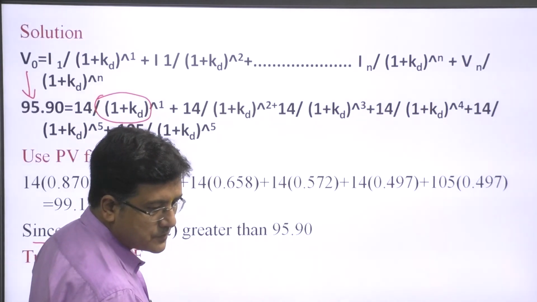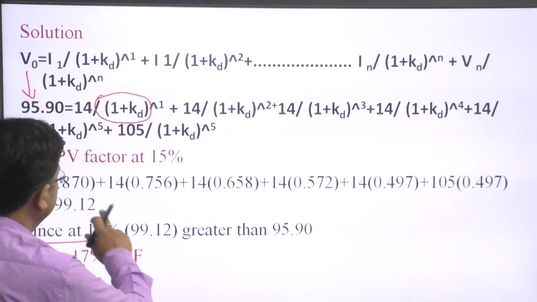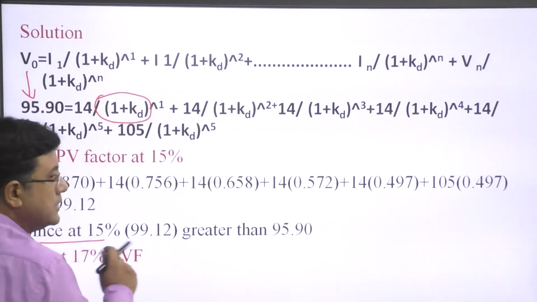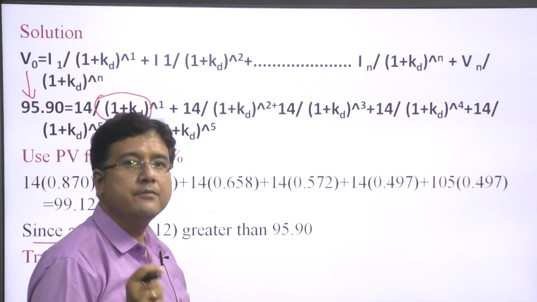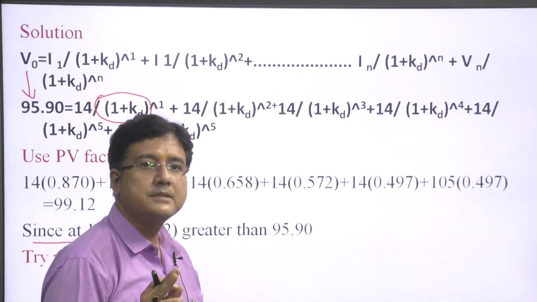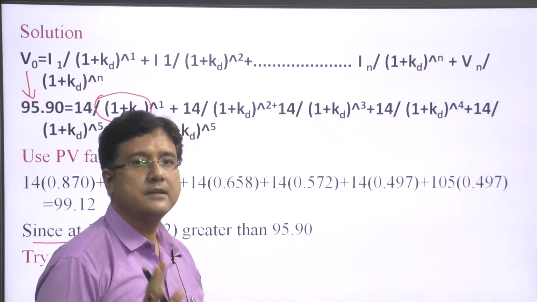So we put the first year 0.870, which means the value of 1 rupee, if the internal rate of return is 15%, is reduced to 0.87.